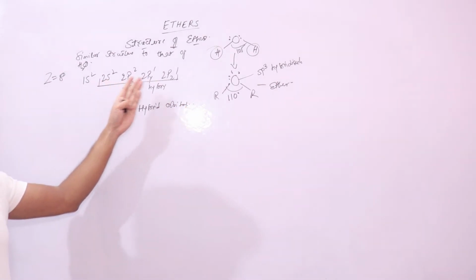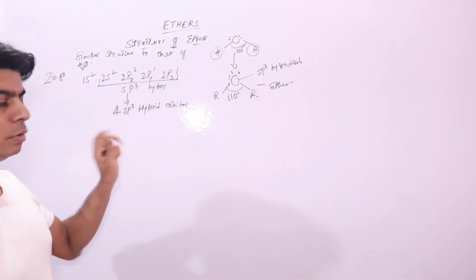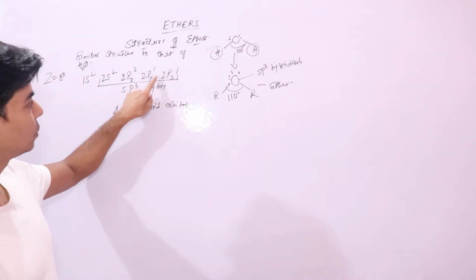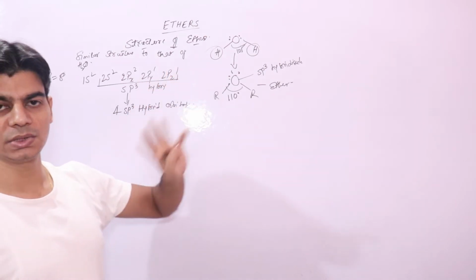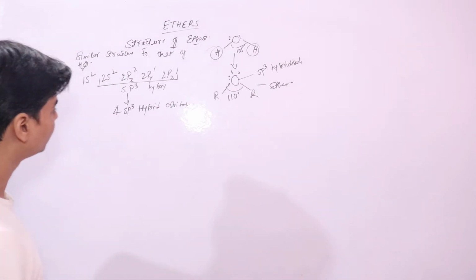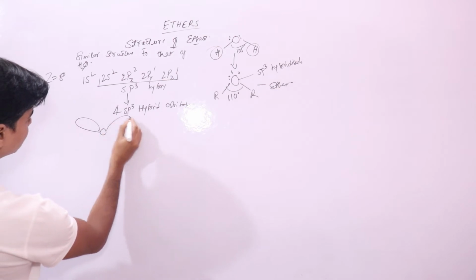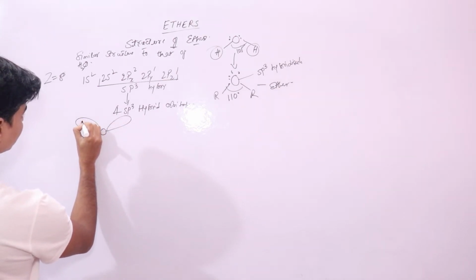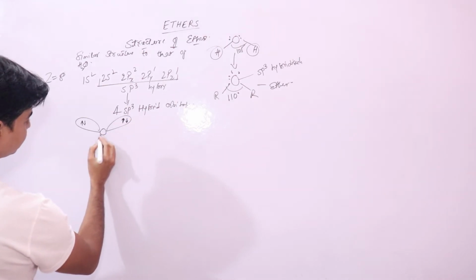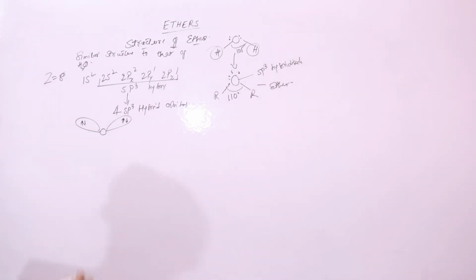Two of them will contain lone pairs of electrons. These two lone pairs of electrons would be in two of the sp3 hybrid orbitals. And the two orbitals 2py1 and 2pz1, which have an unpaired electron, would be in the other two hybrid orbitals. It would be somewhat like this. So these two orbitals contain your lone pairs of electrons.